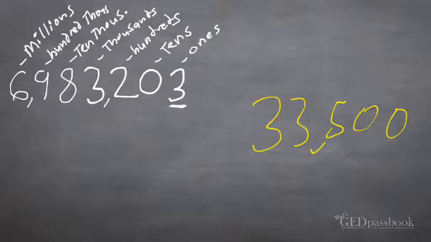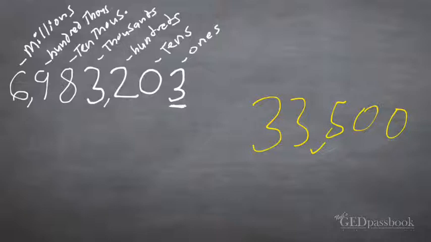$33,500. Okay, what's the 10,000s place? 3. So look, this is why we got to memorize it. The 10,000s is here, right? It's the 8 in this first example that we did, which is 1, 2, 3, 4, 5 places in. Did we see that?